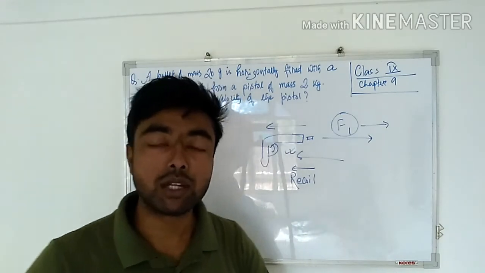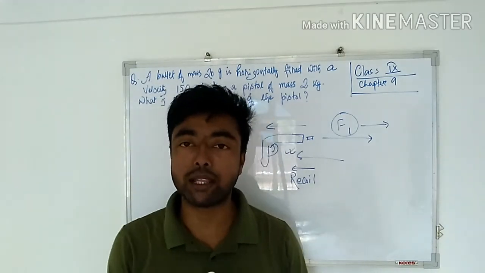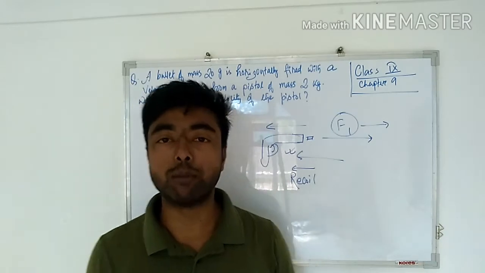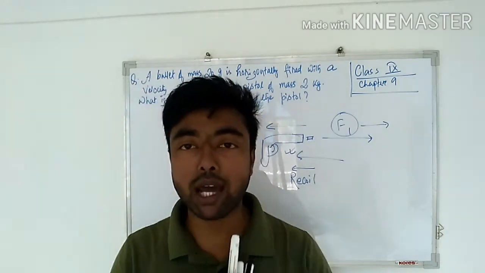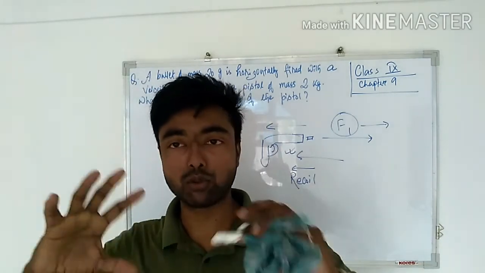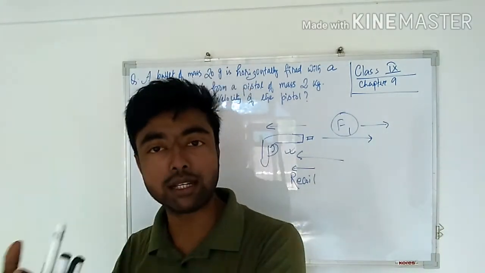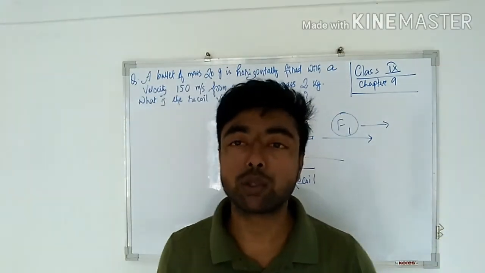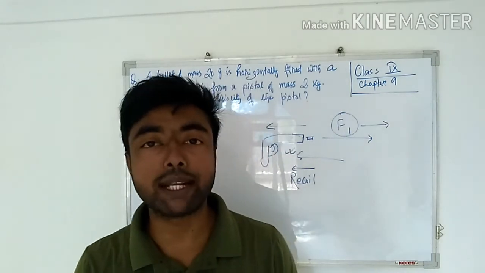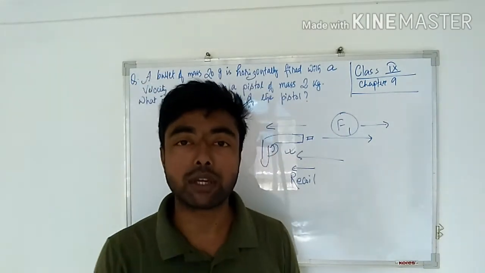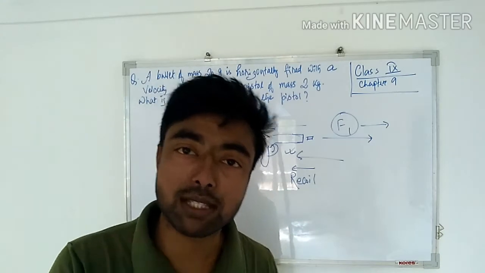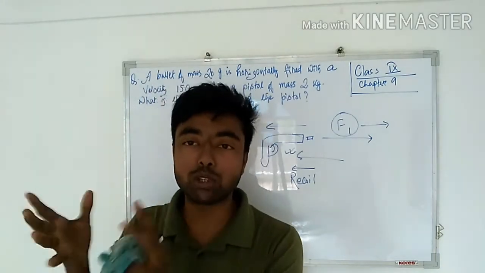Here what you have to do, I explained in the conservation law of momentum that before and after collision, when two objects are about to collide, the total momentum of the system was fixed. System means both the particles.